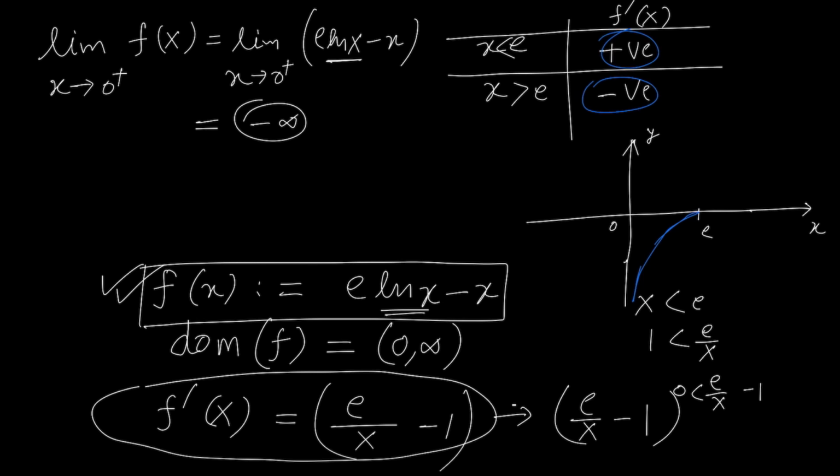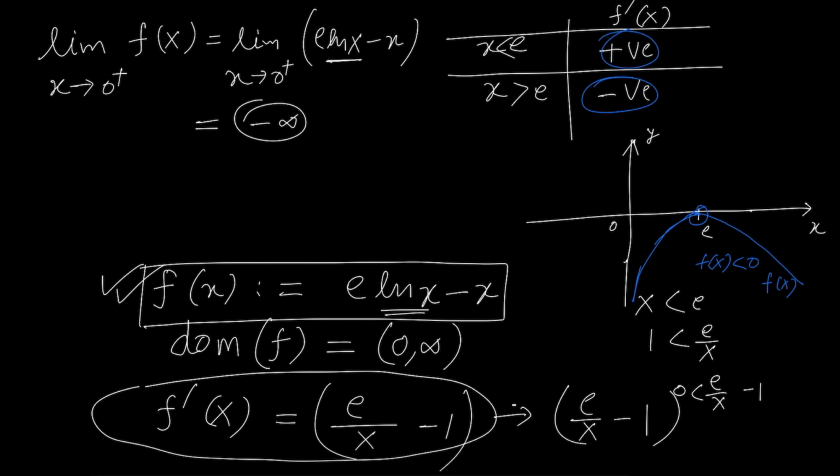Now when x is greater than e, f dash x is negative, which means it is decreasing. So the graph of f(x) will be like this. From this we can see f(x) is negative for all points of the domain of x, and it is 0 for exactly one point.